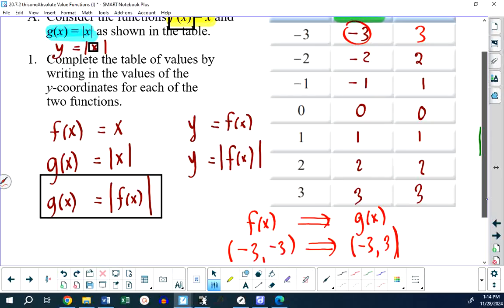So we've completed the table of values, and this idea of this mapping being x comma y turns into x comma absolute value of y will become more obvious in the next example, hopefully.